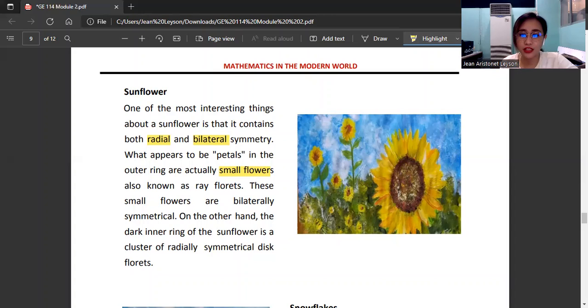These small flowers are bilaterally symmetrical. So if you take a petal and fold that into two, it has a bilateral symmetry, since what's on the left will be the same as on the right. On the other hand, the dark inner ring of the sunflower is a cluster of radially symmetrical discs. Radial in the sense that it is in a circular pattern.